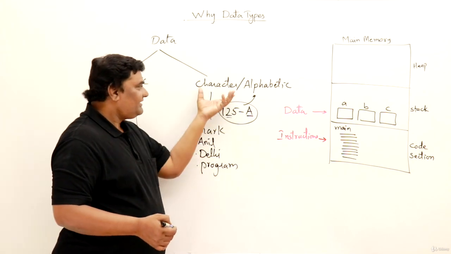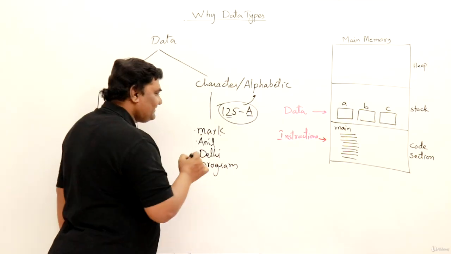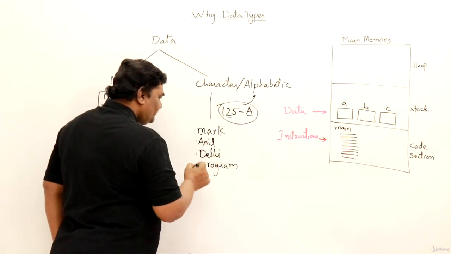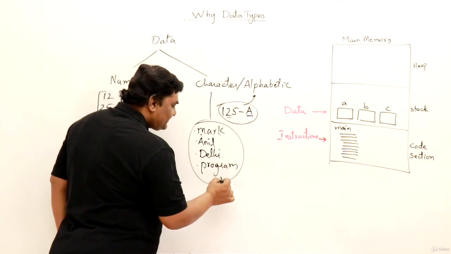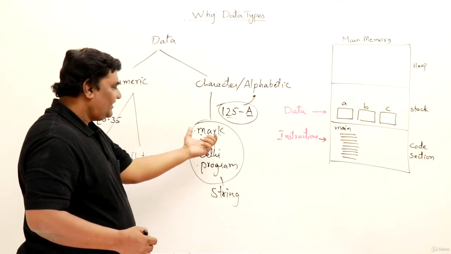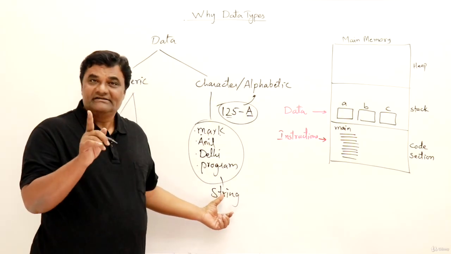These are nothing but characters. Actually a character is just a single letter, right? But together they form a string. So we call this a string in our program. A string is nothing but a collection of alphabets or characters that form a single entity.